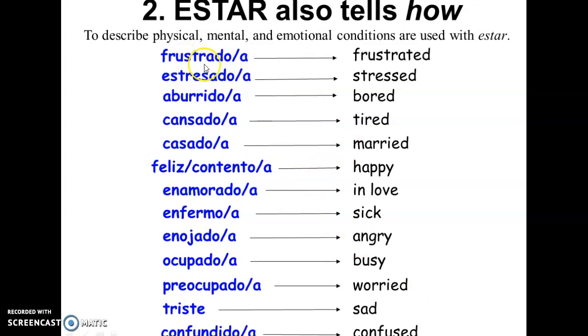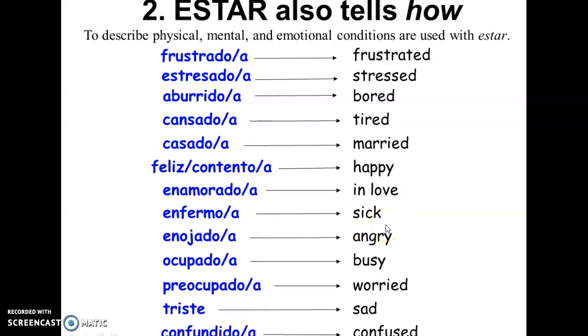And so, frustrado. Well, sometimes we are frustrated, so frustrado. Estresado, that can be also female. Aburrido or aburrida. Cansado. Casado, that's the marital status. Feliz, contento. Enamorado, enfermo, enojado, ocupado, preocupado, triste, confundido.